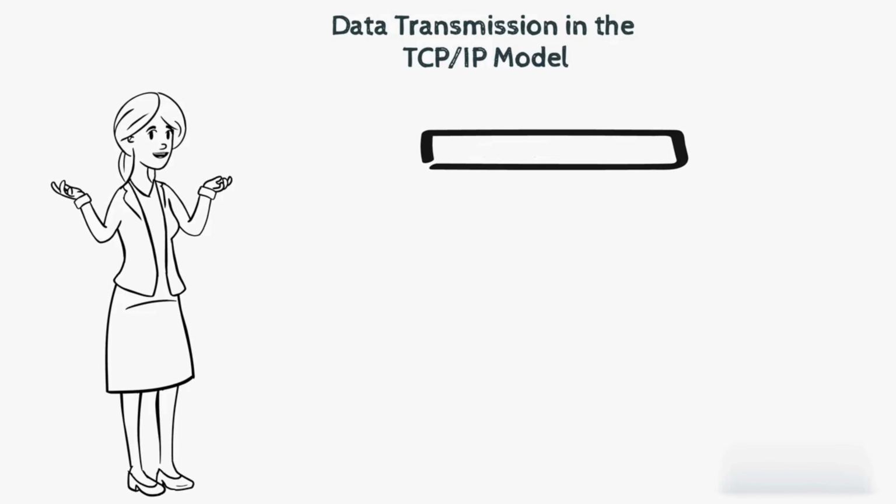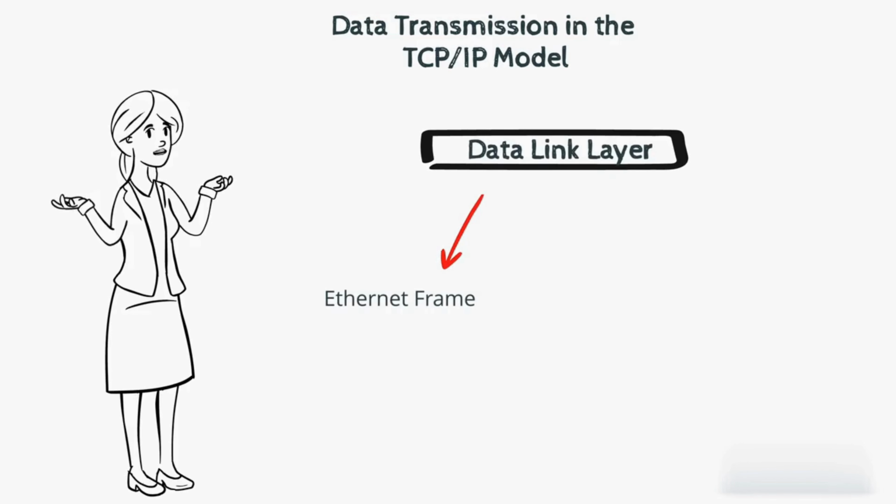4. Data link layer. Ethernet frame. The IP packet is encapsulated into an Ethernet frame. The Ethernet frame includes the source MAC address, the user's network interface card, and the destination MAC address, the next hop, which could be the user's router or an intermediary device. Local delivery.